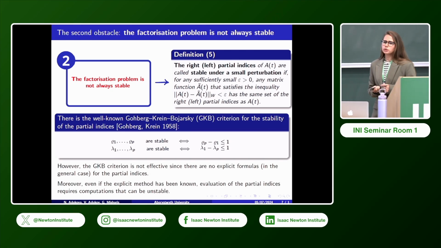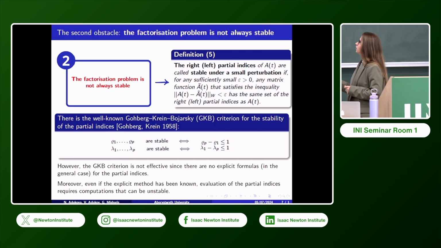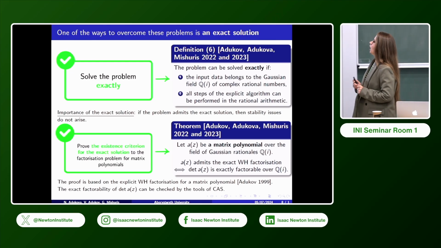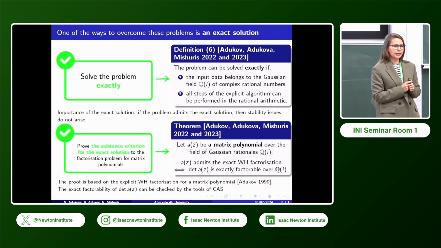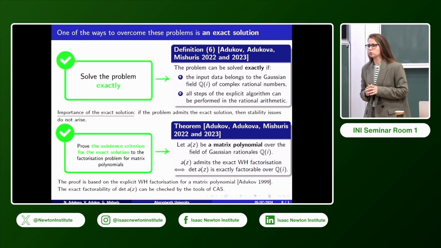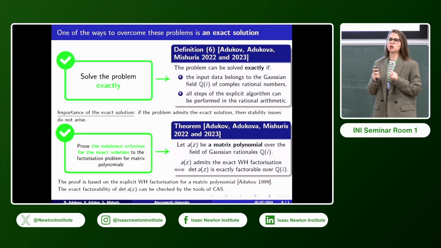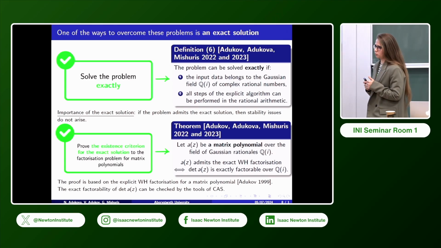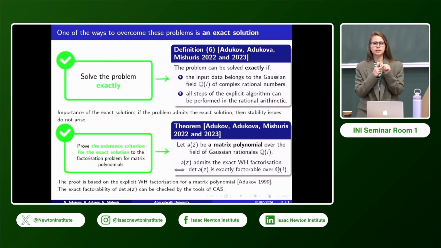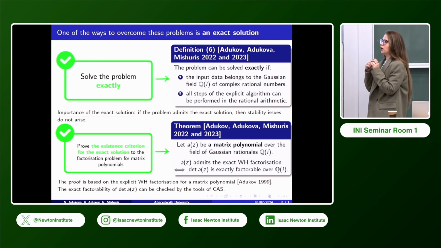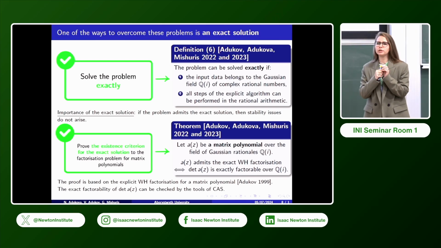Okay, so what can we do in order to overcome these obstacles? As I already said, in our research, we concentrate on a special class of matrix functions, matrix polynomials. For this class, as I mentioned, the explicit formulas have been developed.